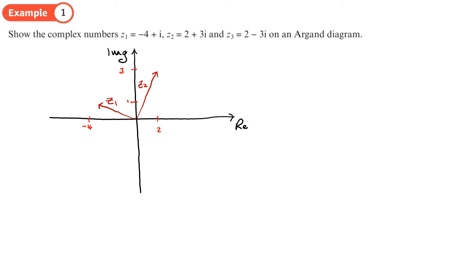So it's going to be 2 across, and 3 down. So it's like a reflection of Z2 in the x-axis. So it goes down there. So there's Z3. Done. And as I said, you do have the option, instead of arrows, to draw them as a single point, like this, this, and this.